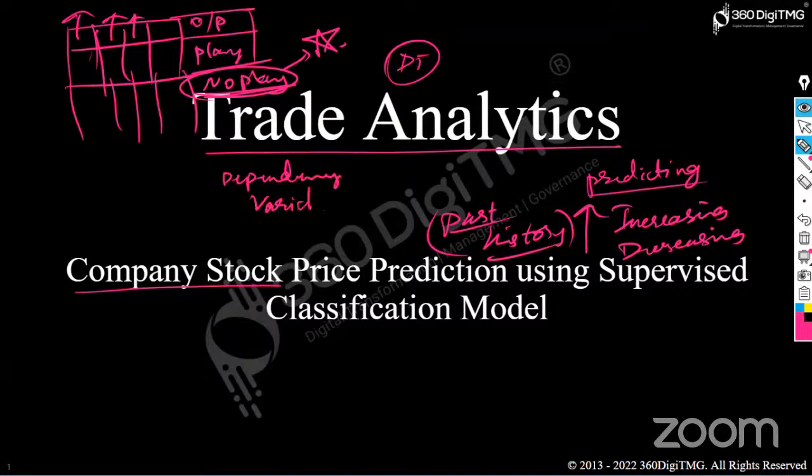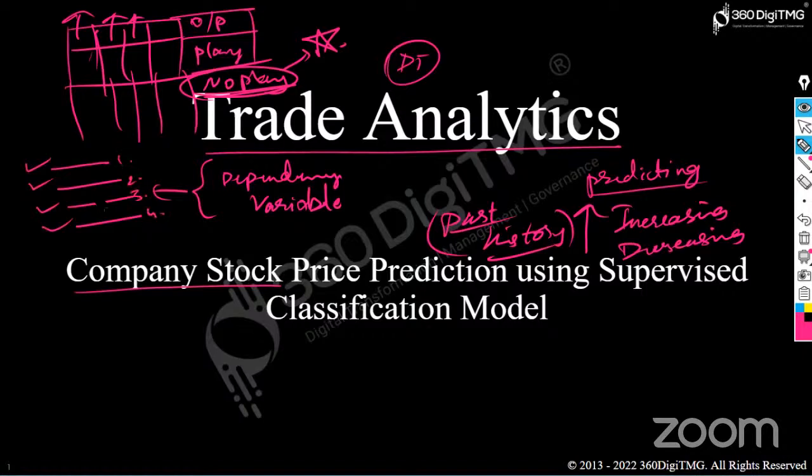The dependent variable, which is play or no play, will be dependent on all these features. But there should be some variable which is given more preference: first, second, third, and fourth. So how do you decide which is the first, the most important factor for the dependent variable?